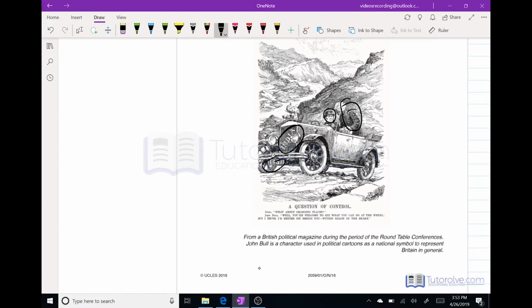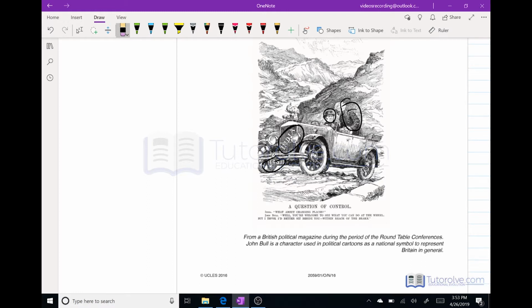So as the picture can clearly show, it is all about the idea of control, and like the heading states, the question of control. And this is what the question is: what about changing places? Now the backseat person is asking the driver, what about changing places?